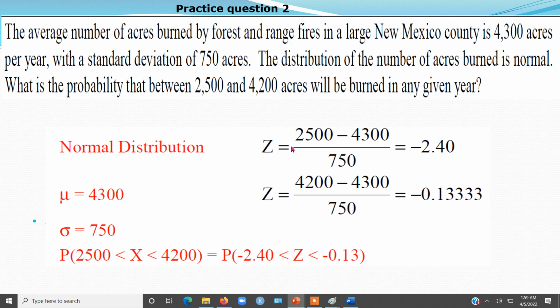First I compute the z value for 2,500. As I said, observed value minus the mean divided by standard deviation. So z for 2,500 comes out to be minus 2.4, whereas z for 4,200 comes out to be minus 0.13 approximately. So we need to find the area between minus 2.4 and minus 0.13.